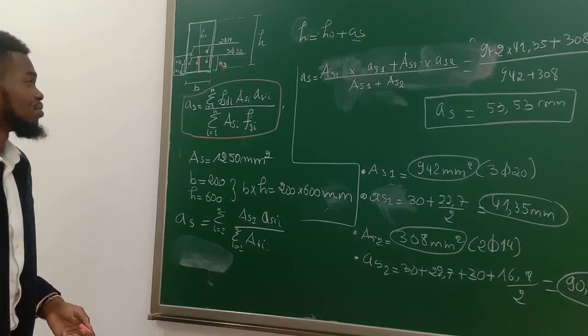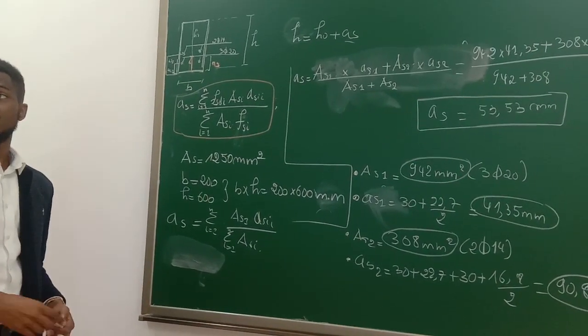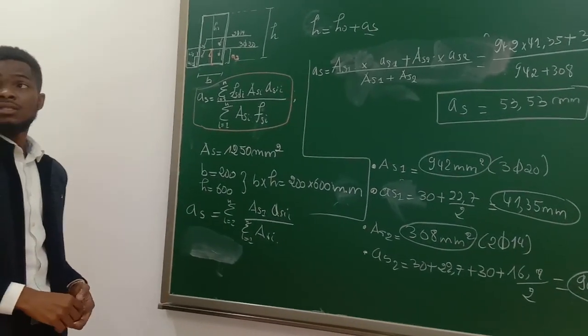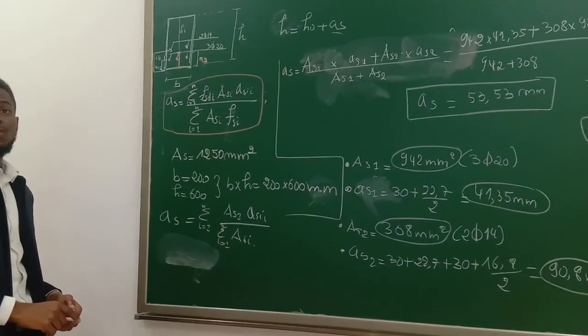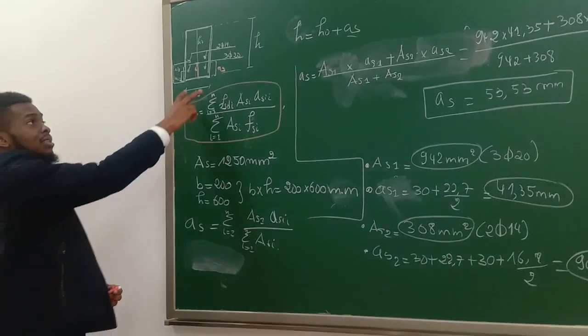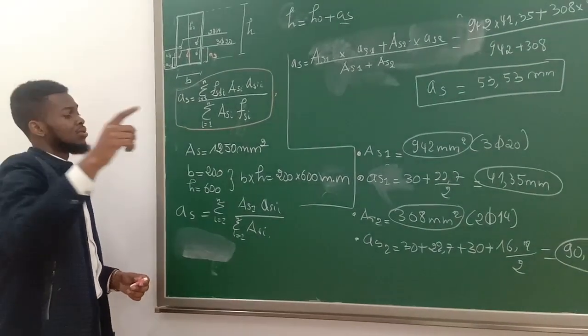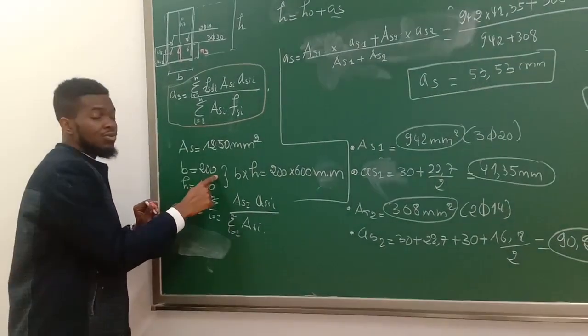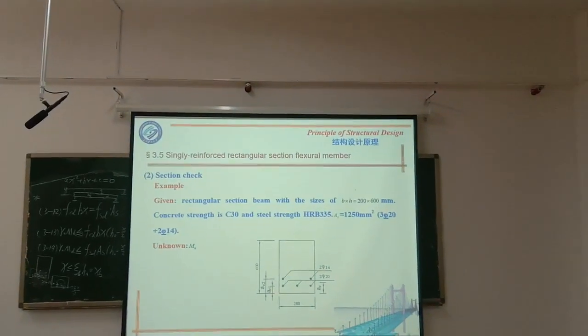So we have to put in place all the details that they give us in the problem. The first thing they give us is the kind of steel we are using. They say a rectangular section beam with a size of 200 by 600.